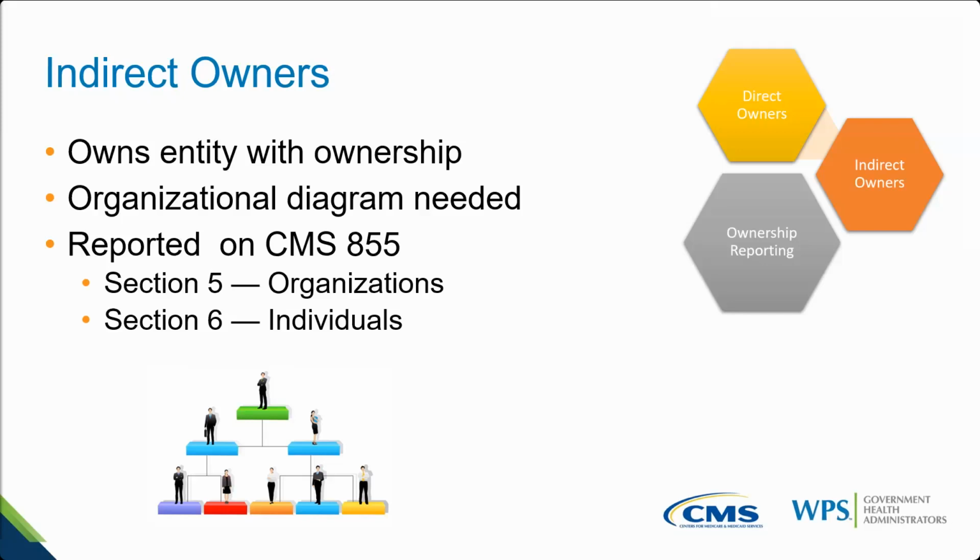We need to know the percentage of ownership. This is a CMS regulation, and they are looking for that information. That's also a common thing that we find is not reported. So when you're filling out those applications, be aware that we do need that percentage reported.